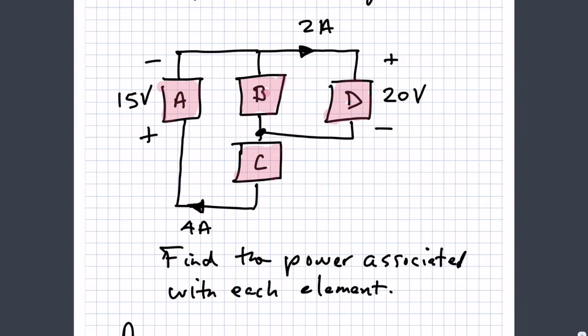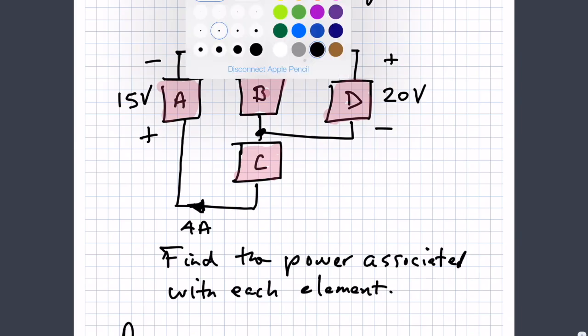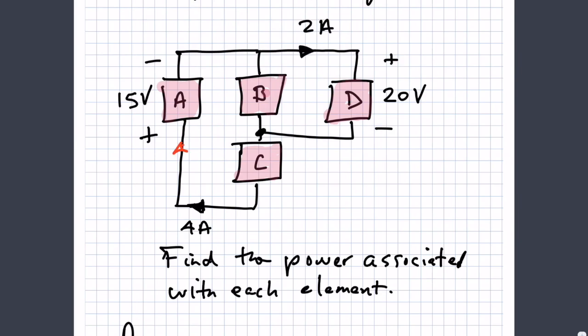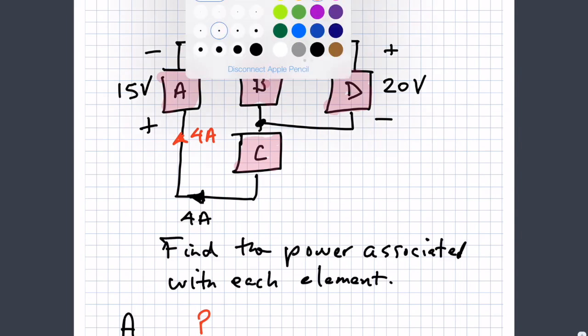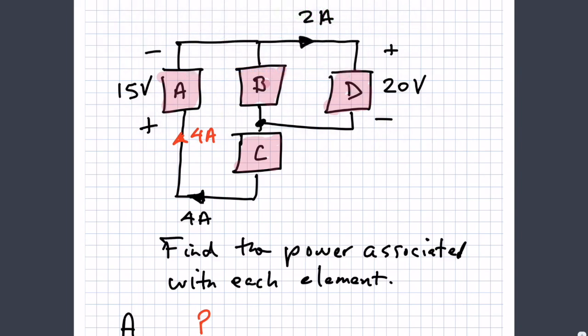All right, so with element A, here's the current, 4 amps coming right through here. And so we know the voltage across A, and we know the current through A, so we can get the power associated with A. Okay, so it's going to be 15 times 4.